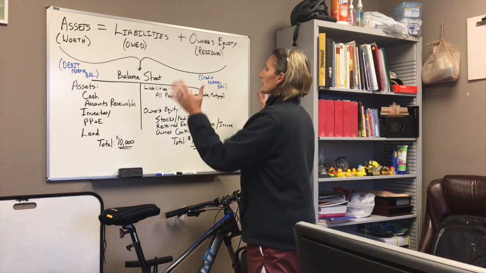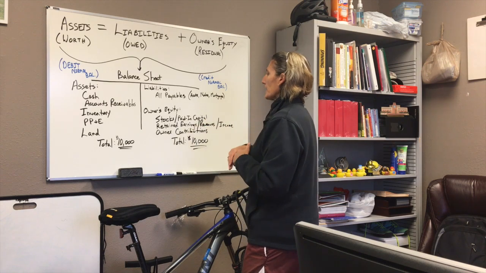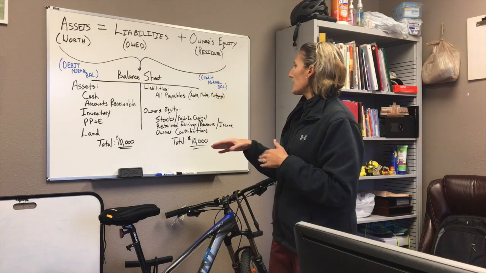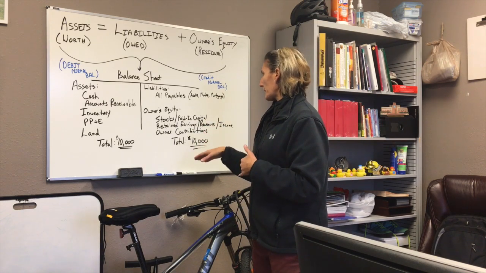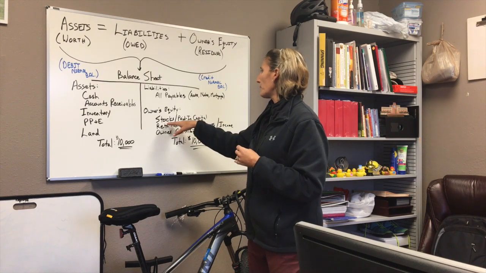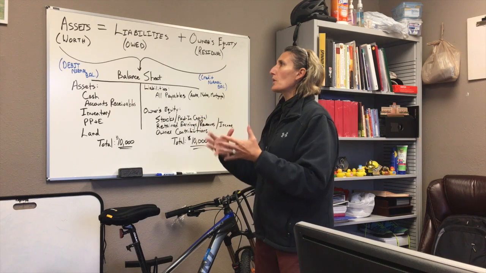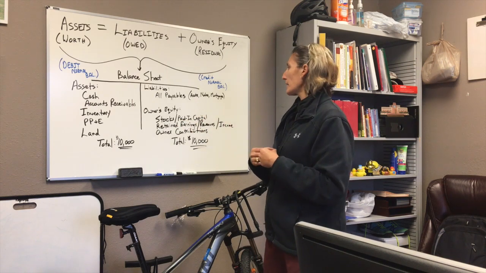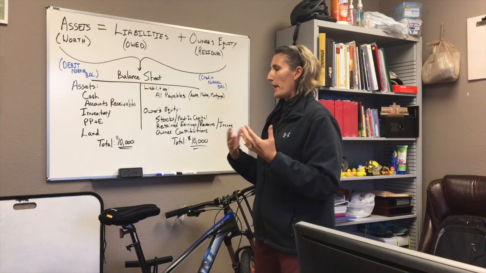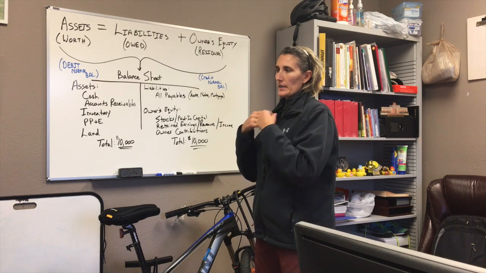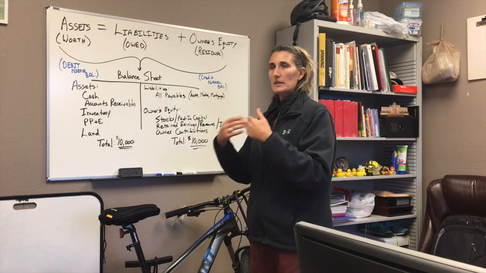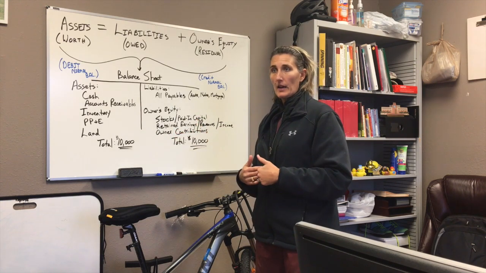And then last, anything that's left over, anything that's not classified as an asset, not classified as a liability, it's going to get kind of dumped into owner's equity. Some of the most common things that you see in owner's equity is if we have any kind of investments, if we've sold our company stock, say I'm Amazon and I've decided to go public and I'm going to sell stock in order to bring in money.